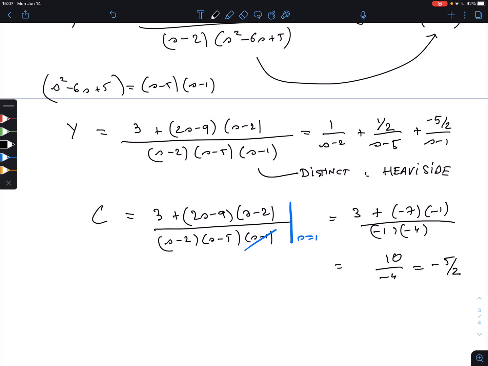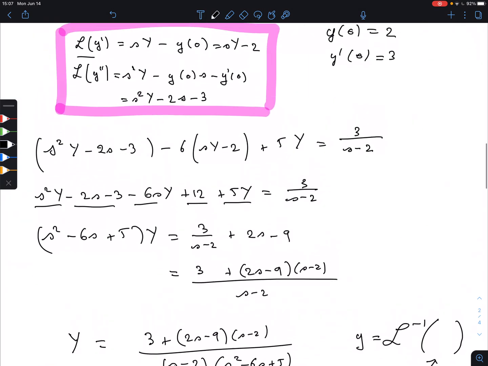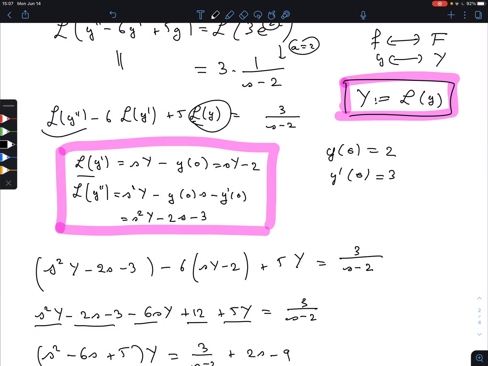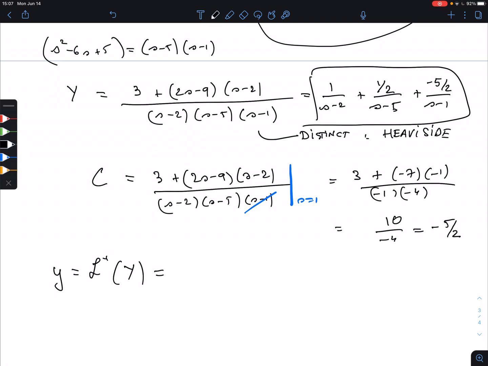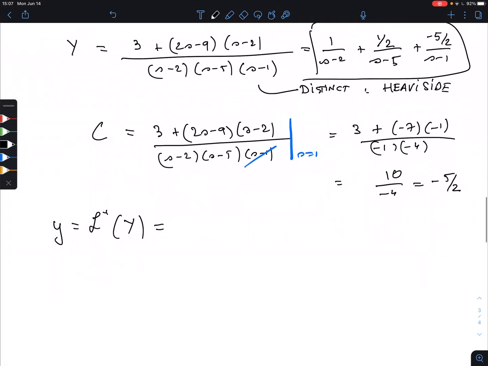So this is the inverse, remember, capital Y is the Laplace transform of y, so we know that little y is the inverse Laplace transform of capital Y, and we can now, from this form, write down right away. We have the first one, they're all single powers, right?